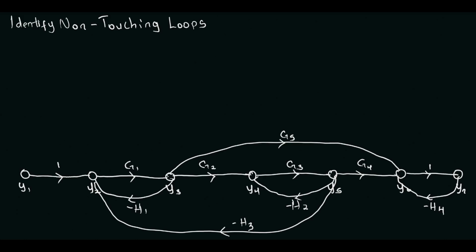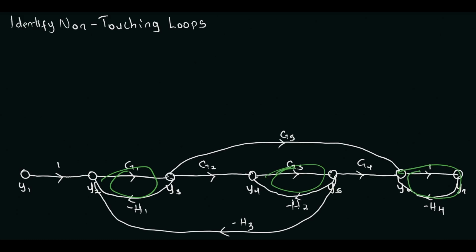We have different loops, and the best way you can look at it is to have two non-touching loops, then three non-touching loops. So for two non-touching loops, I mean this loop is not touching this loop, and this here is not touching this loop.